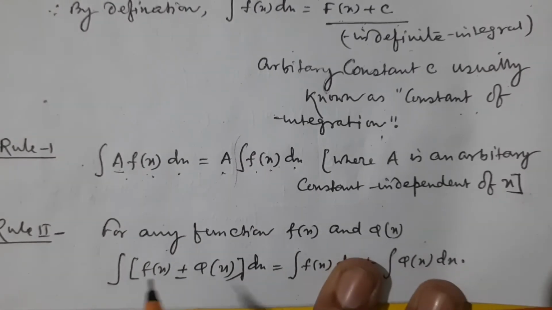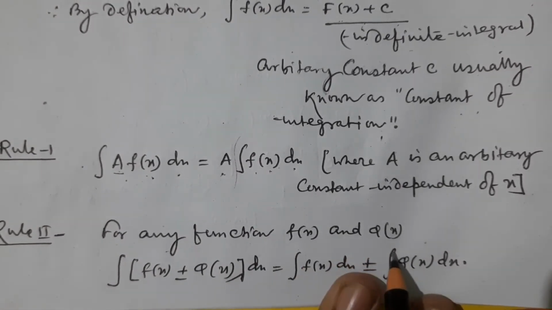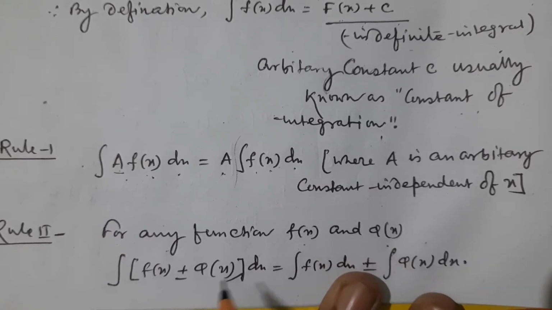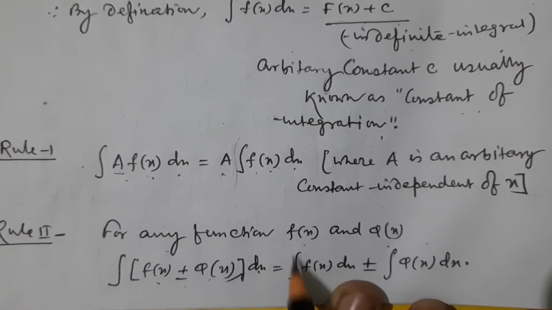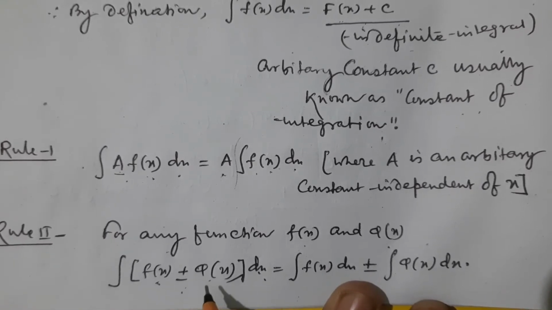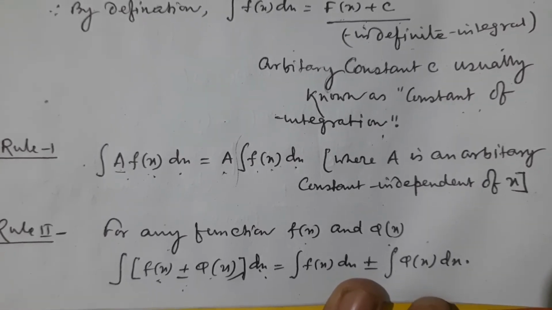Rule 2: for any functions f(x) and phi(x), if both are integrable, then the integral of f(x) plus or minus phi(x) whole dx can be written as the integral of f(x) dx plus or minus the integral of phi(x) dx.